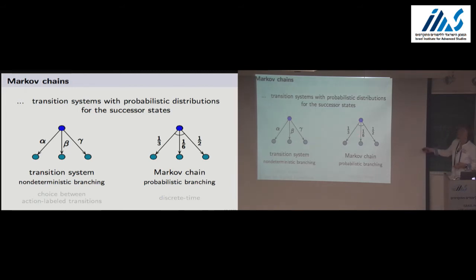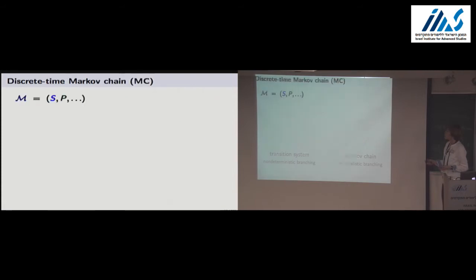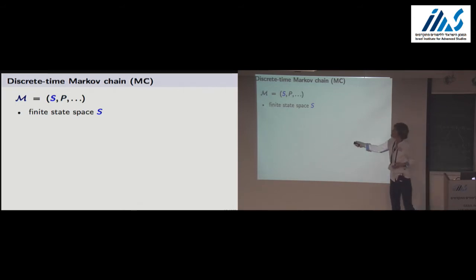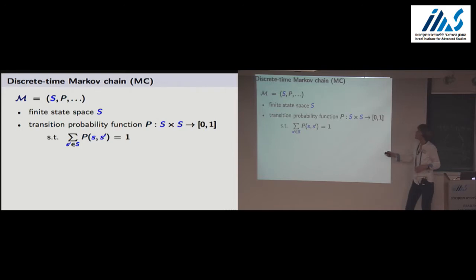But the crucial feature is that for each state, we have a distribution specifying the probabilities for the successor states. So in this picture, if you are in that state, then with probability 1/3, the system moves to this state on the left. Now, formally, the literature also considers infinite state Markov chains, but we suppose that the state space S is finite.